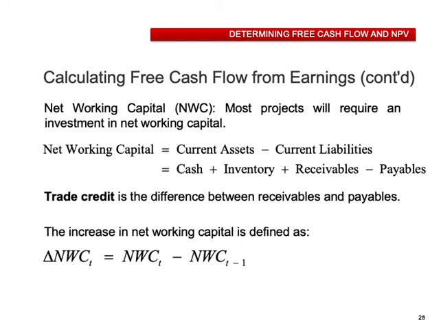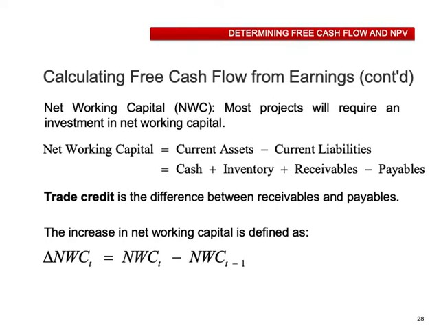If you're looking for a more simple approach as to why you need to add or deduct your working capital from your NOPLAT, let's assume that at the end of the year, you have an inventory position that is larger than your inventory position that you started the year with. In other words, you have spent money on inventory. In that case, you need to deduct that from your cash flow.